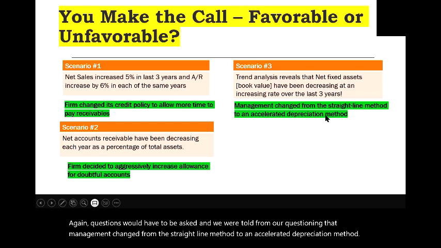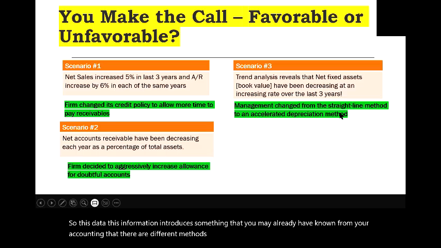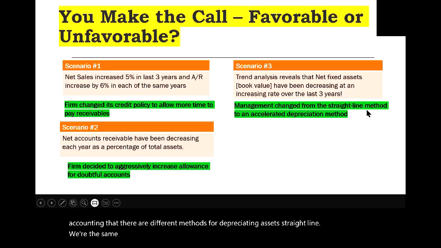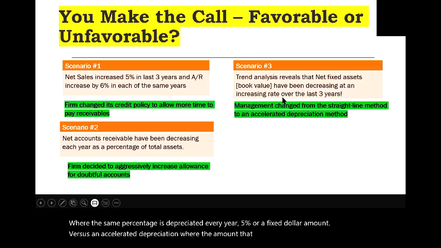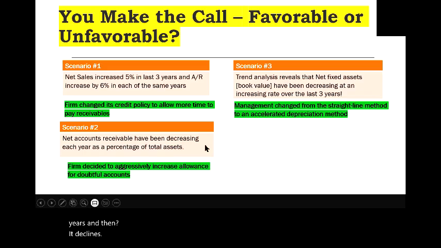So this information introduces something that you may already have known from your accounting, that there are different methods for depreciating assets. Straight line, where the same percentage is depreciated every year, 5%, or a fixed dollar amount, versus an accelerated depreciation where the amount that you depreciate is large in the early years and then it declines. Both methods are acceptable.